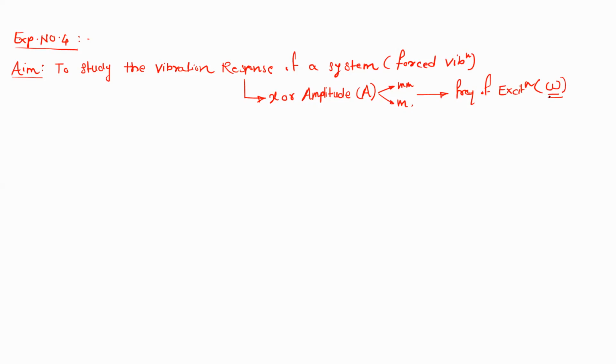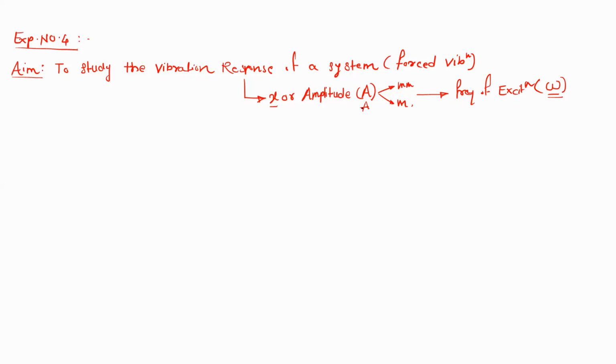If we change the value of omega from 0 to some finite value, then depending on this omega, that is the frequency of excitation, your displacement or this amplitude A will change. So we have to observe how this amplitude varies with respect to the external frequency, and at which point we get the maximum value of this amplitude A. We have to find that value, and from this predict the resonance condition.